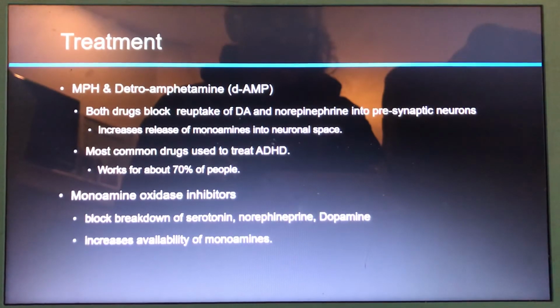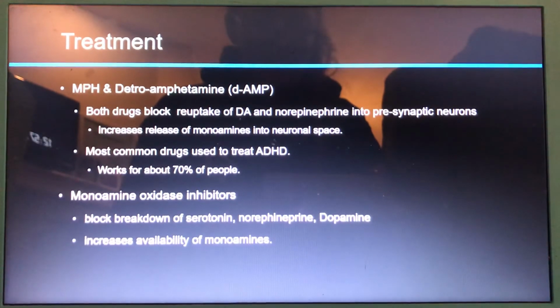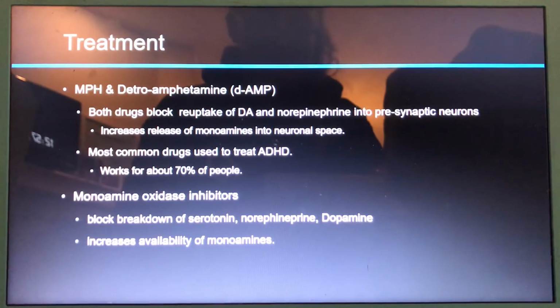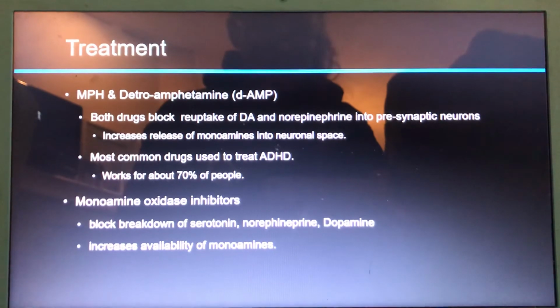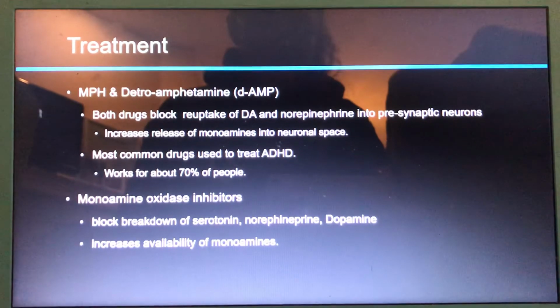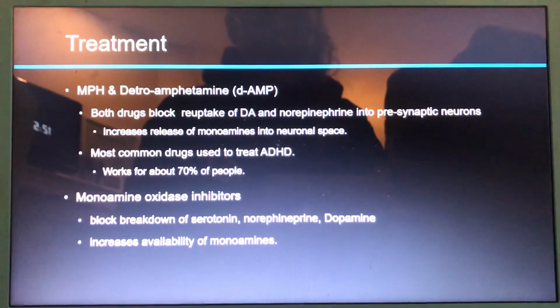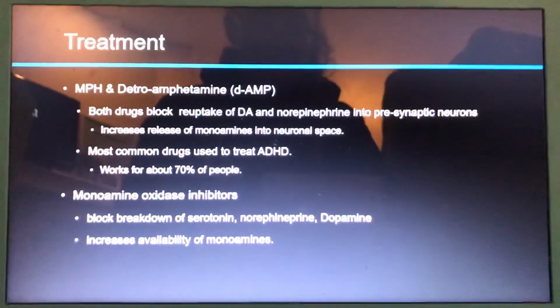And lastly, monoamine oxidase inhibitors are responsible for blocking the breakdown of serotonin, norepinephrine, and dopamine as well. So as you can see, dopamine really does play a key role here in the gene expression of ADHD and how that can affect a person's daily tasks of living.